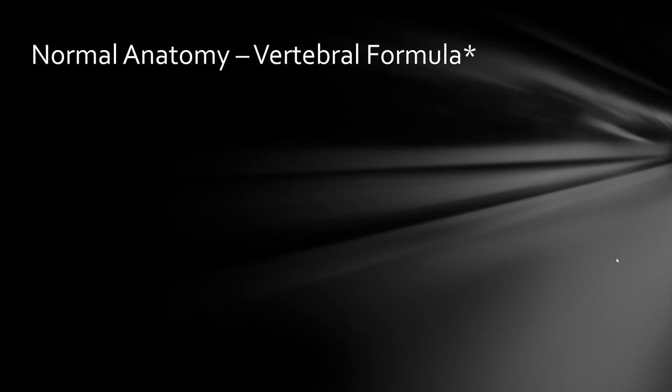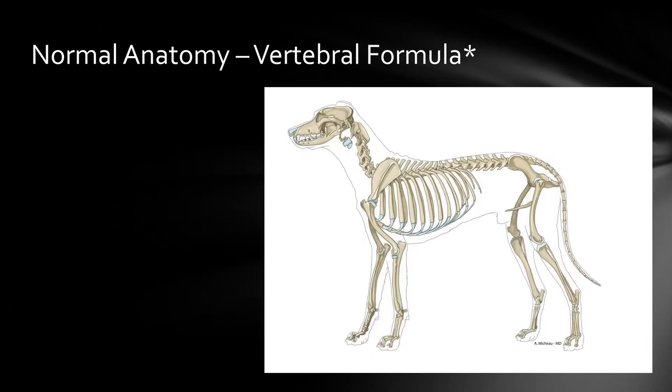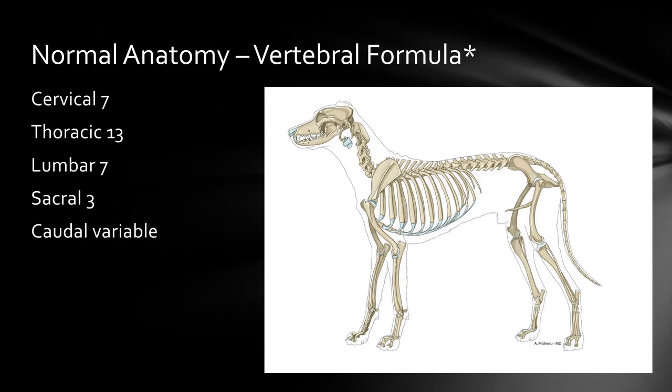So moving on to normal anatomy. The vertebral formula, you all know what the vertebral formula in dogs and cats should be. We should have 7 cervical vertebrae, 13 thoracic, 7 lumbar, and 3 sacral, and then a variable number of caudal vertebrae of the tail, dependent on the animal conformation.